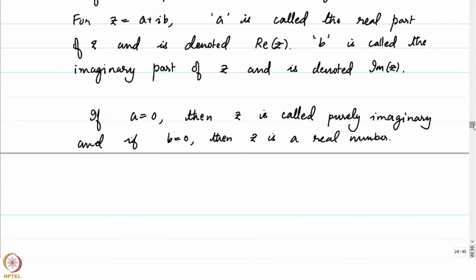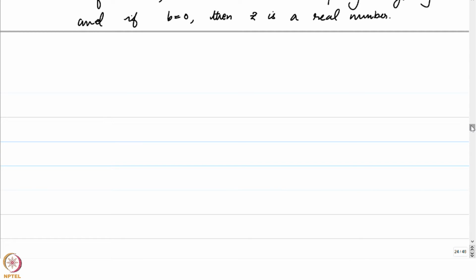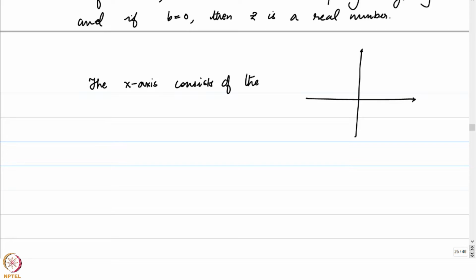Okay, now that we have invoked the identification, let's see what happens. So this can be thought of as the complex plane. We have the x-axis and the y-axis. The identification which I wrote earlier was by sending 1 to (1, 0), and therefore the x-axis consists of real numbers, purely real numbers, and hence is called the real axis.